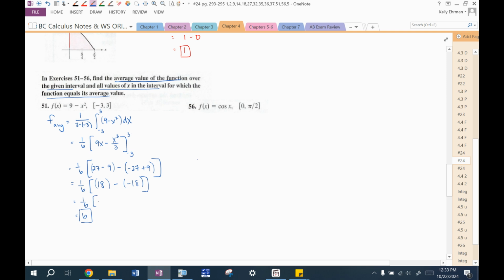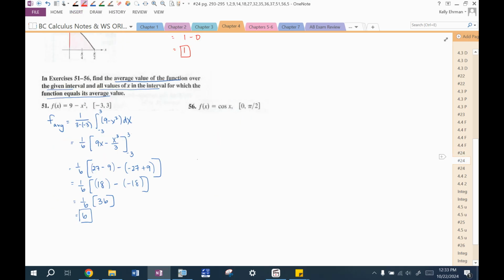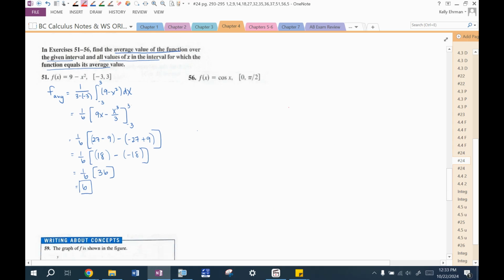Okay, so that's 36, so that is 6. Is that not what I had on my answer key that I posted? Let's see. Oh, a 9th. Whoops, on my answer key I screwed something up. I will fix that and then repost. Anyway, I'll do that later. This is the correct answer for the average value. So 6 is the average value.